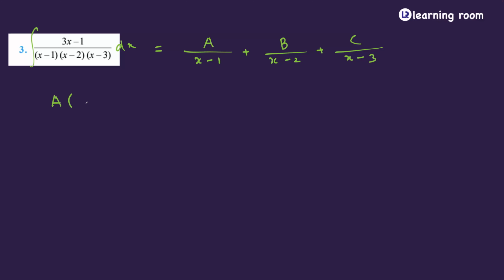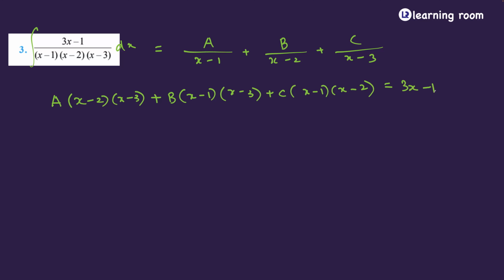A into x minus 2 into x minus 3 plus b into x minus 1 into x minus 3 plus c into x minus 1 into x minus 2 is equal to the numerator there, which is 3x minus 1. Right.